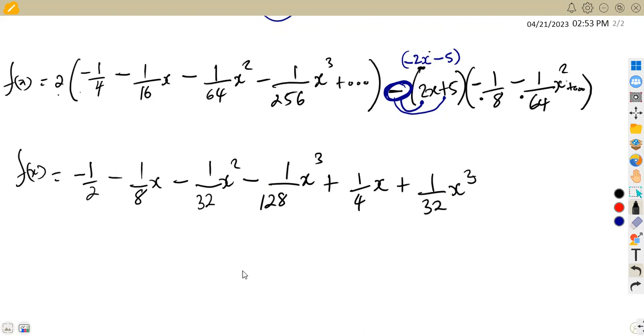We move on. -5 by -1 over 8 is going to be positive 5 over 8. -5 and negative 1 over 64x to the exponent of 2 gives us a positive 5 over 64x to the exponent of 2, plus, and so on and so on.